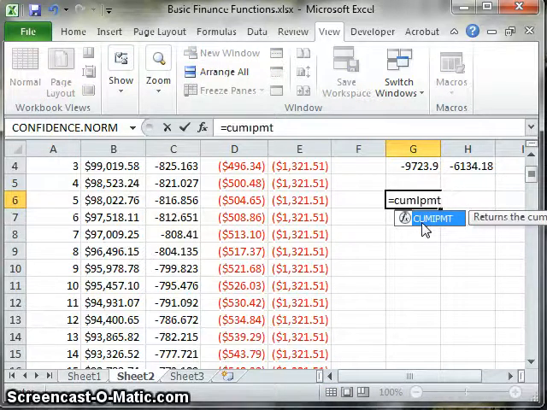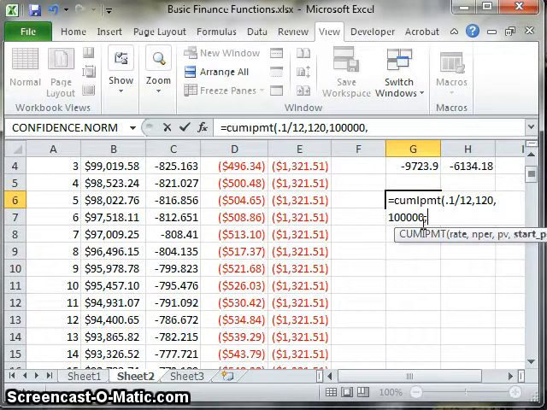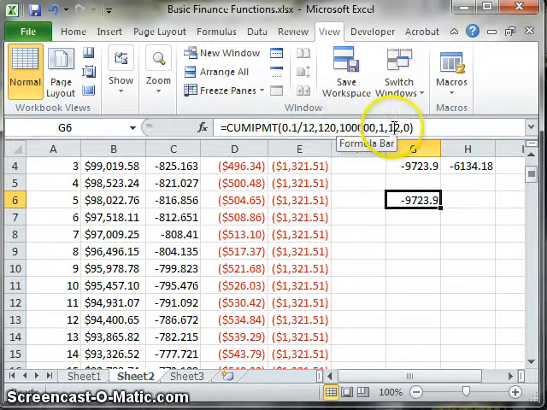CUMIPMT is the one for interest, and I'm just going to take my rate, which was our 0.1 divided by 12, our 10% divided monthly, 120 payments, and the present value, which was our 100,000, and we want to do it from the first payment through the 12th payment, and it is going to be payments that are paid at the end of the period, so I make a 0 there. And you'll see it automatically, just by using this formula, telling it I want to do it for the first period to the 12th period, it's going to give me my value, my answer there.